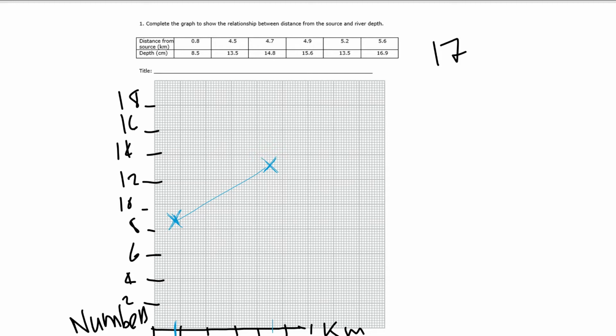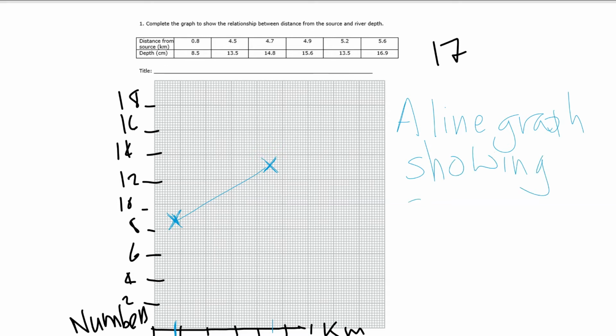And the title in this case, I've drawn a line graph, so it's going to be a line graph showing depth and distance from the source.